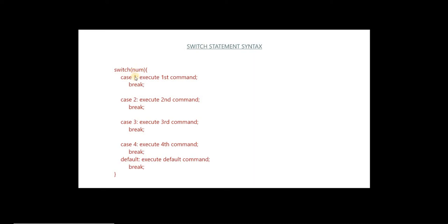So you switch on the number entered by the user, and for the different cases: case 1 if the user enters 1, case 2 if the user enters 2, and 3, 4 similarly. If the user enters 1, execute the first command, that is, print Monday. Once the first command is executed, there comes a break statement. After this, the program will not go into the next cases and will come out of the switch statement. So now let's understand through code.